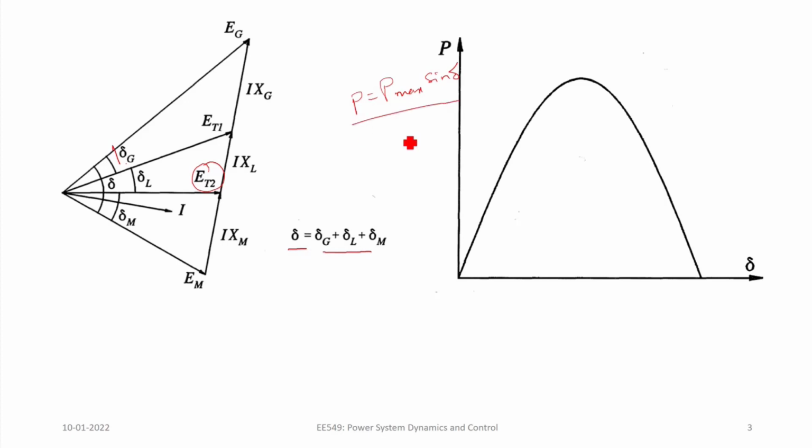Whatever power is delivered from the generator to the motor, delta is the angular difference of the rotor angles between the synchronous generator and the motor. Then if we plot P versus delta, it will look like this, right?